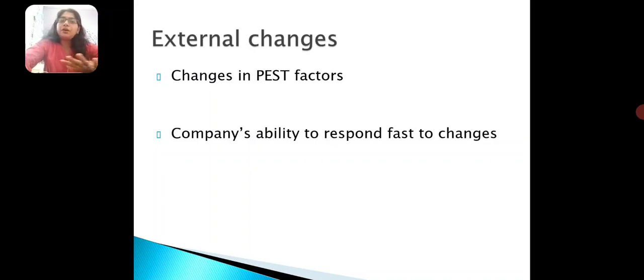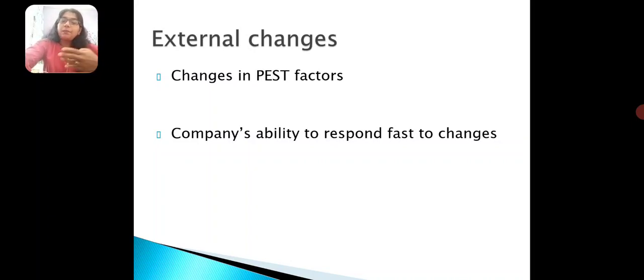That means because of this change in the external environment, especially the PEST factors, political, economic, social and technological, you have used that change in a very efficient way, and you have created your own advantage, so that you have superiority in the market over your competitors.